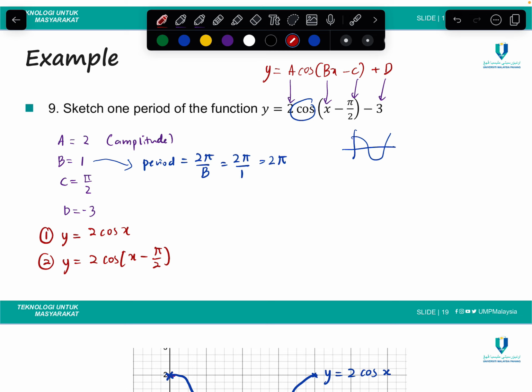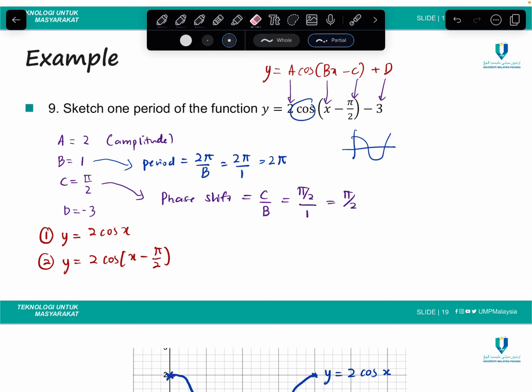So next, C will give you phase shift. The formula of phase shift is C over B. C is pi over 2, B is 1. So phase shift is pi over 2. Phase shift is shifting, so you have to think whether it's shifted to the right or to the left. Remember here we have minus.